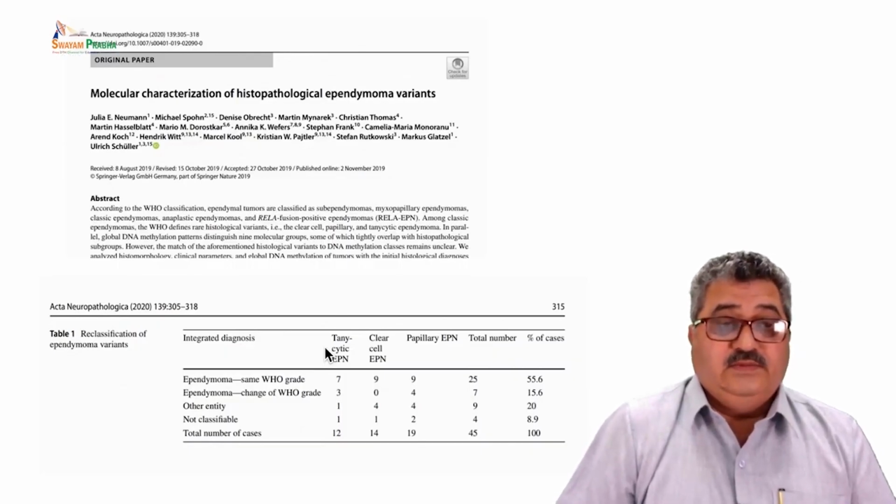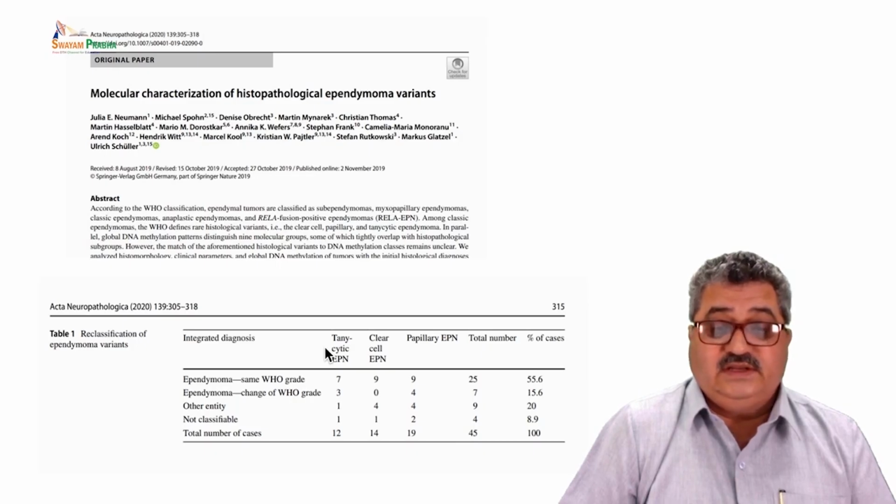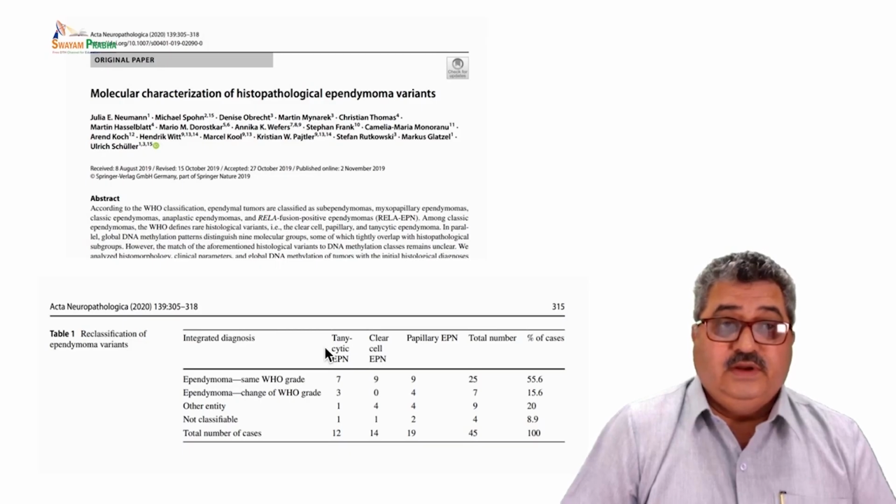Now, some of the variants, for example tanycytic, clear cell, and papillary variants of ependymoma, these terminologies are just morphological variants. These are not true variants of ependymoma. In one study, while doing the methylation study, many of the tumors were either upgraded or downgraded, and many of them belonged to other categories.